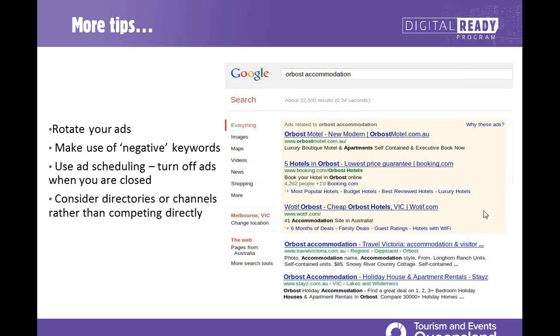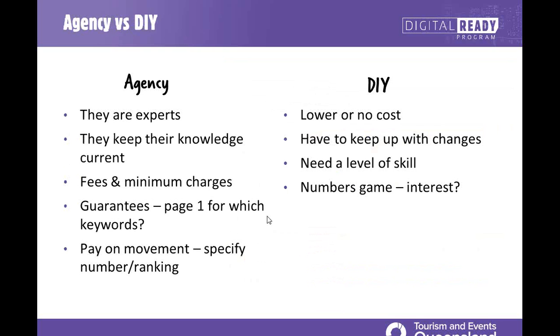So perhaps, and again, this is a business decision for you, but sometimes it's easier to go into a directory or use one of these channels where you know that they will come up anyway, rather than trying to spend lots of money and time and effort competing when you really can't. So that's just a little tip. Have a look at who's coming up, have a look at your channel strategy and your budget, and think to yourself, do I want to do that as well or instead of an AdWords campaign? But again, up to you as a business decision.